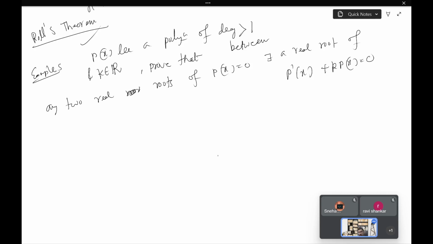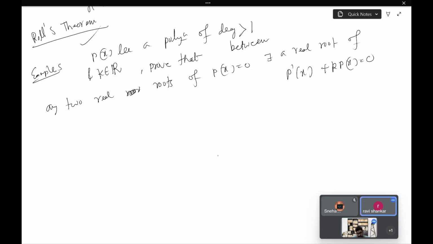So are you able to solve this? Anybody able to solve it?